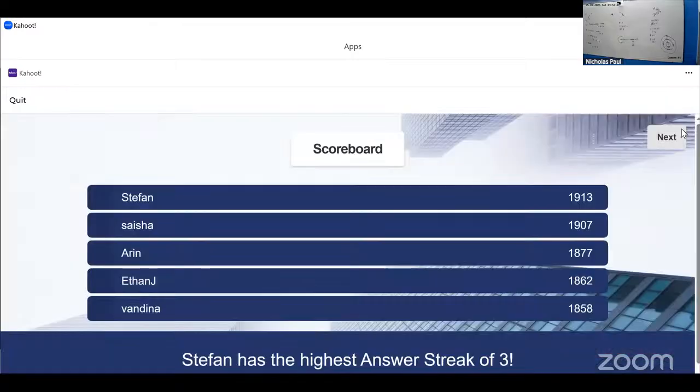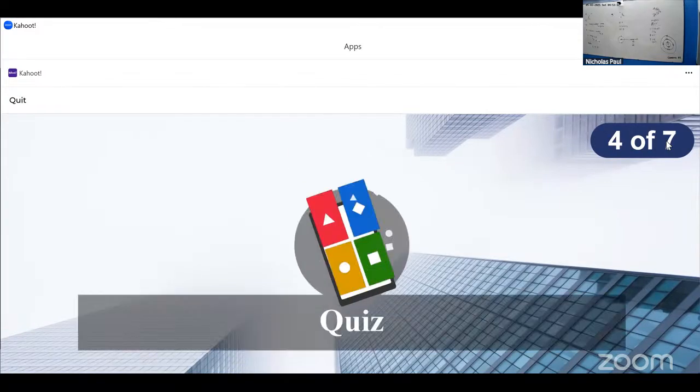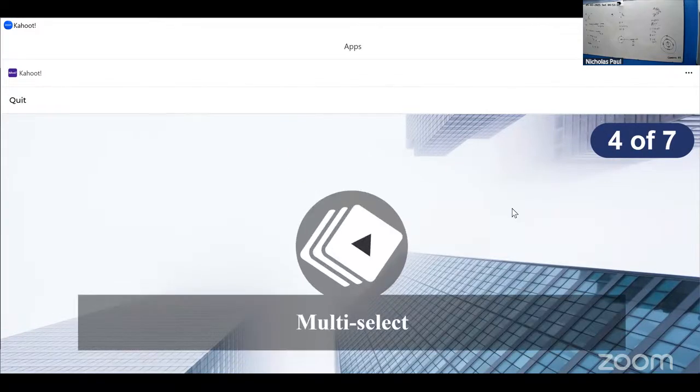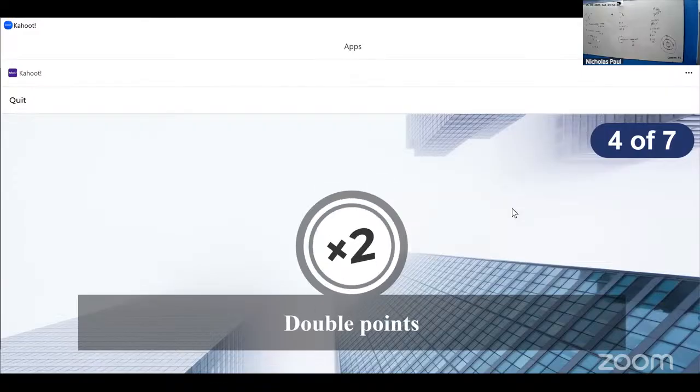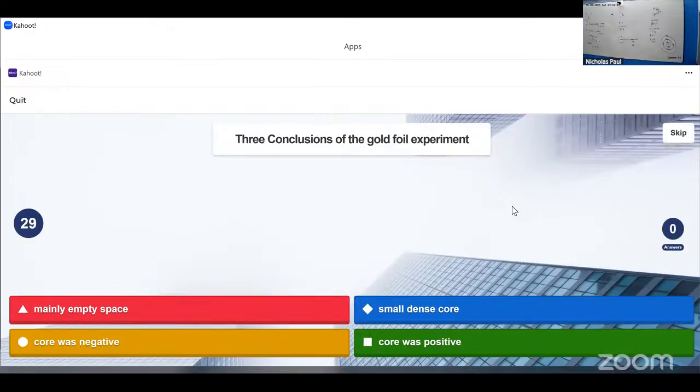I will get this wrong again. More than one answer here. Double points. It tells you how many answers you're looking for.